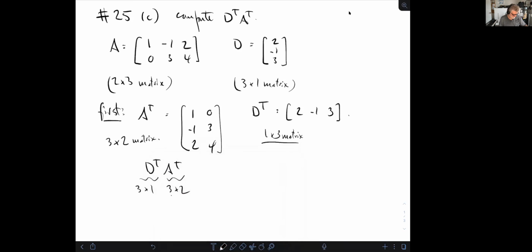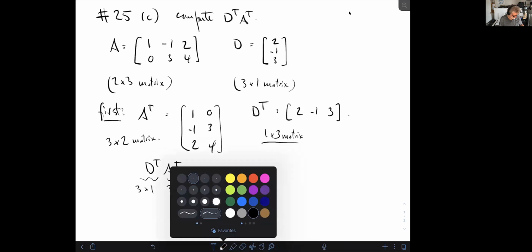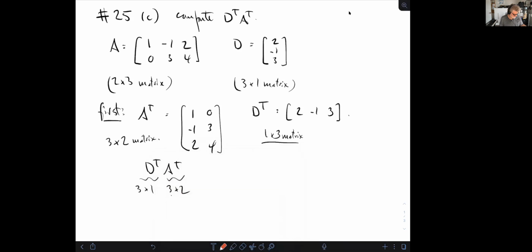Duh. So that'll help. Gee whiz. 1x3, 3x2. These numbers are the same.